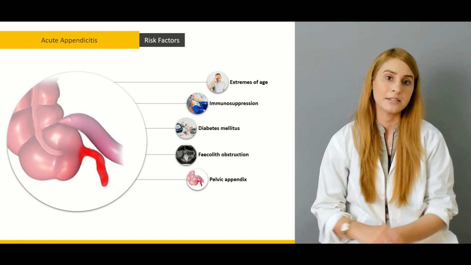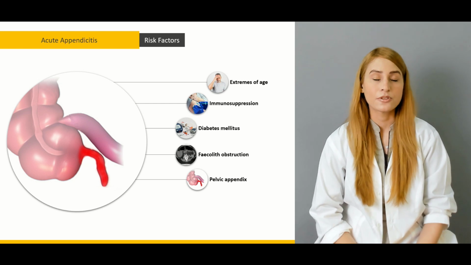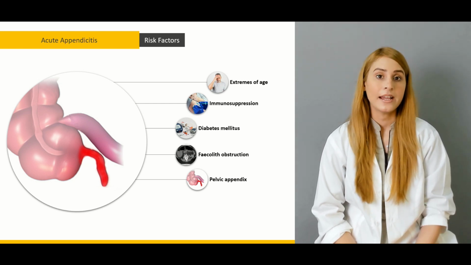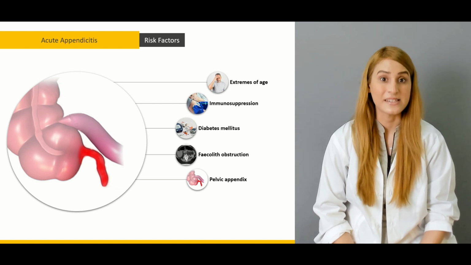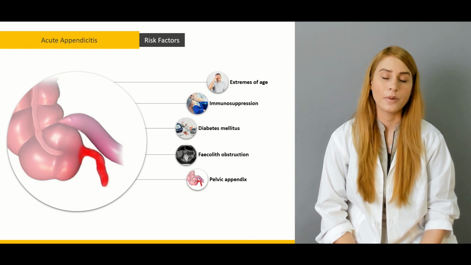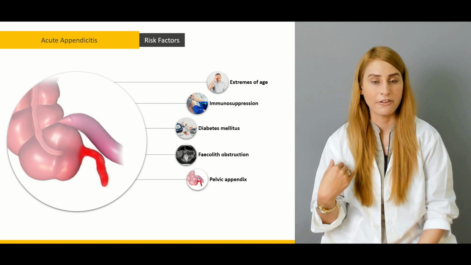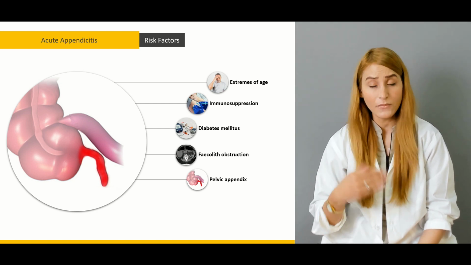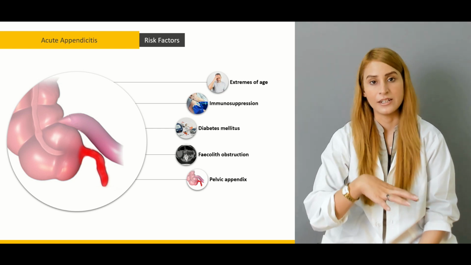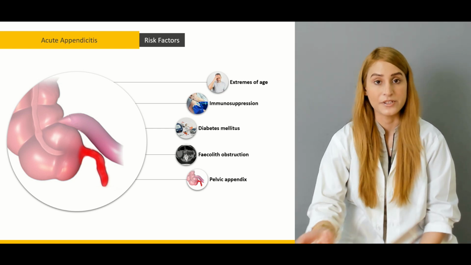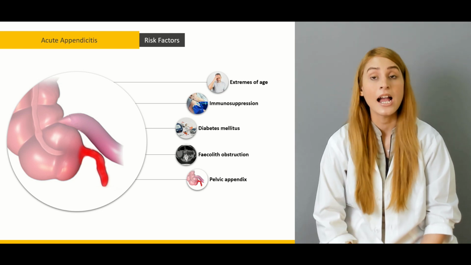The most common commensal in the urinary or genitourinary system is E. coli. So most of the time there is a seeding of infection coming from the lower urinary tract infection, and then involving the appendix as well, which is located in the pelvic cavity.